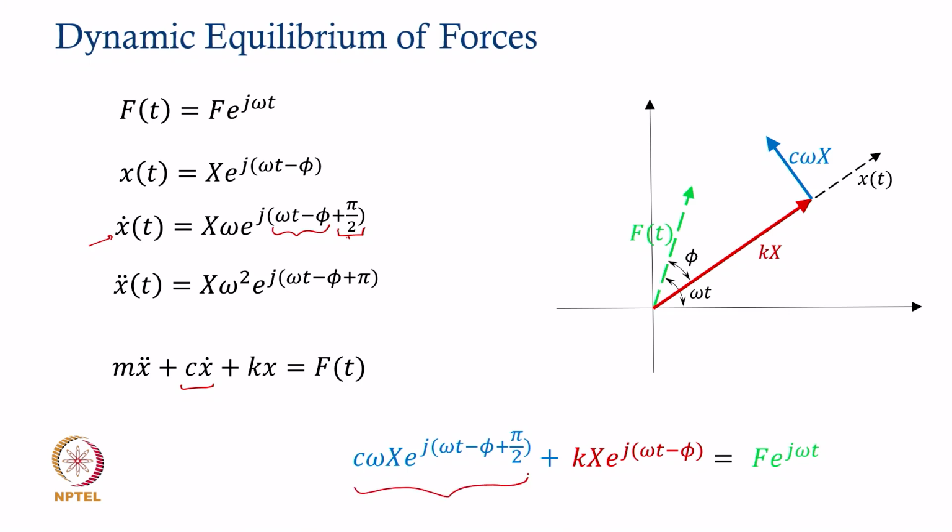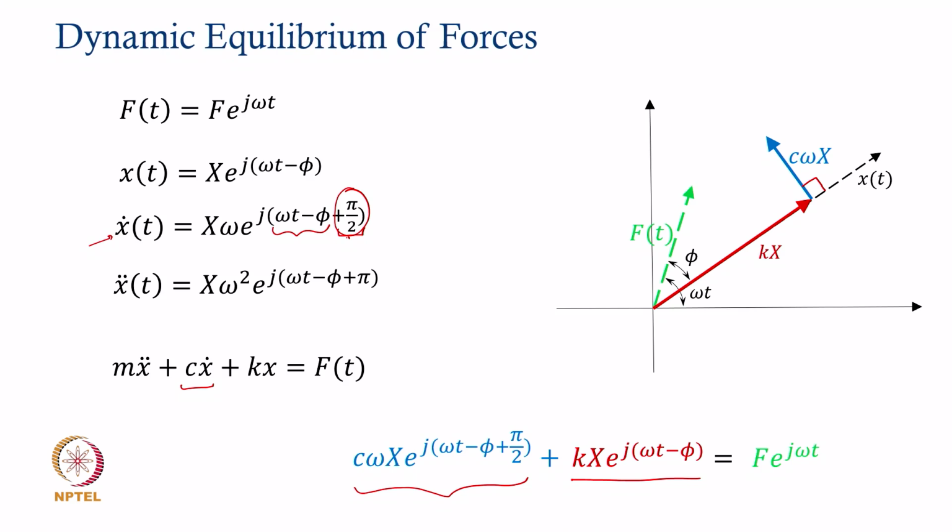Strictly speaking, these can go opposite to the displacement, but since we are drawing a force polygon, even if you draw them along x, it will finally turn out to be the same force polygon. So, this C omega x is the dissipating force leading by plus pi by 2, and therefore this angle is plus pi by 2 with respect to the angle made by the restoring force Kx e to the power j omega t minus phi.